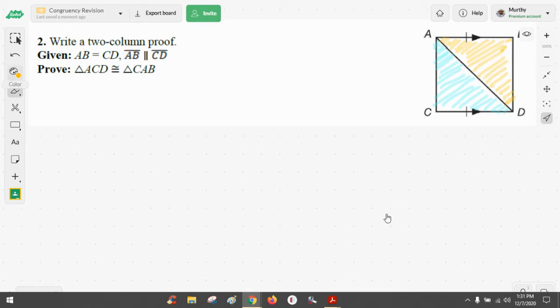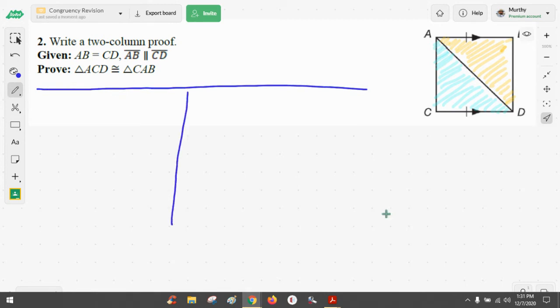Let's focus on the markings. Let me make a T chart. So first one is the statement, and on the other side it is the reason. Reason means to support your answer.